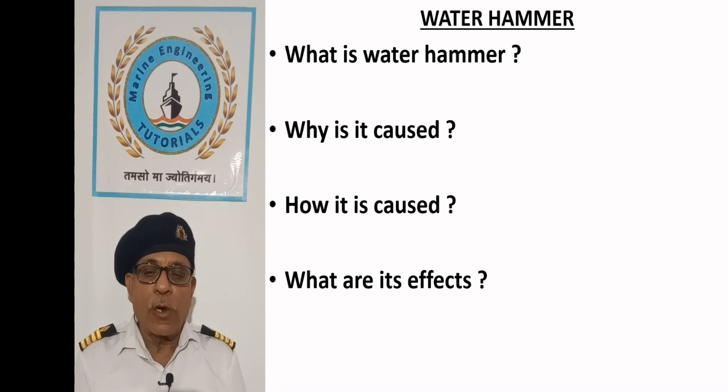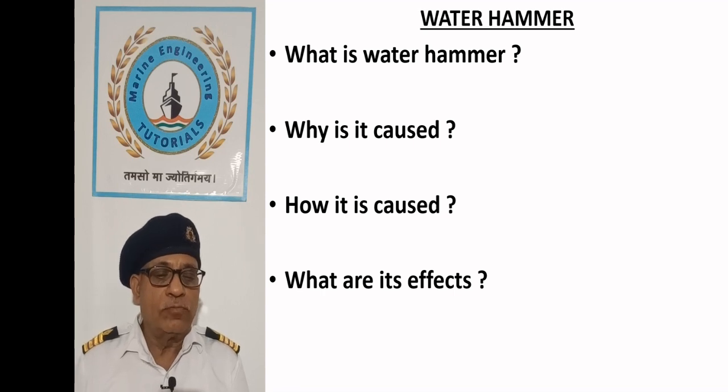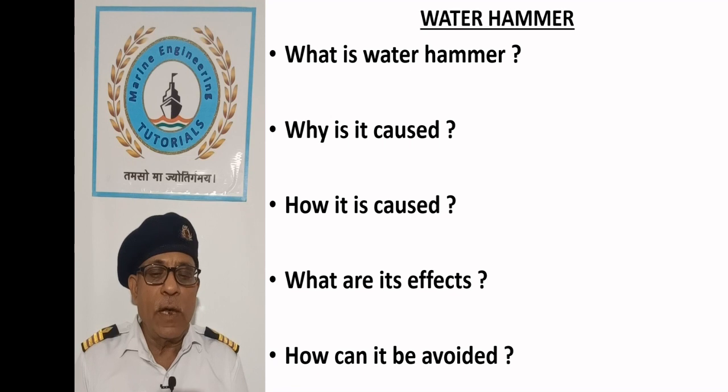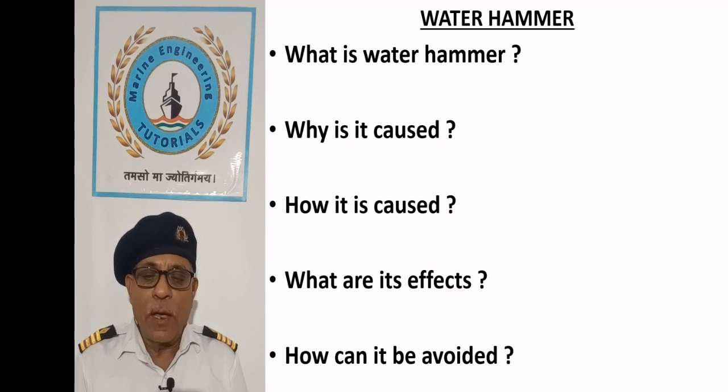The impact of this water at a bend or wall can cause fracture of the pipe. How can it be avoided? Water hammer can be avoided by draining the steam pipes and warming them up before they are used.